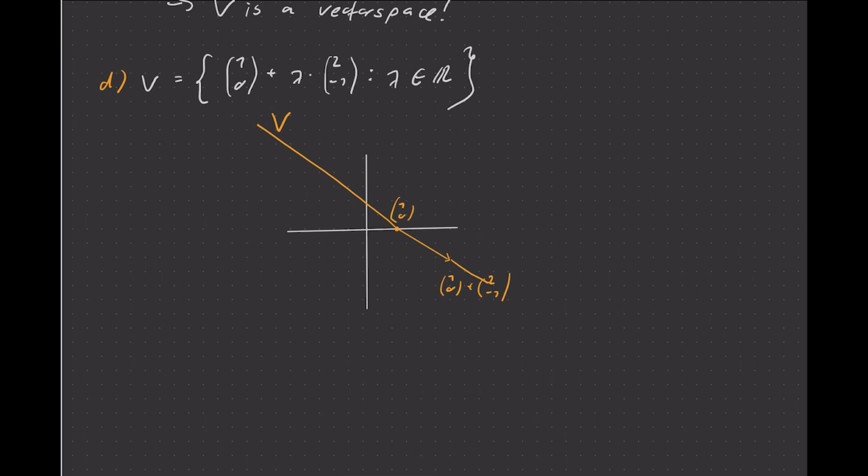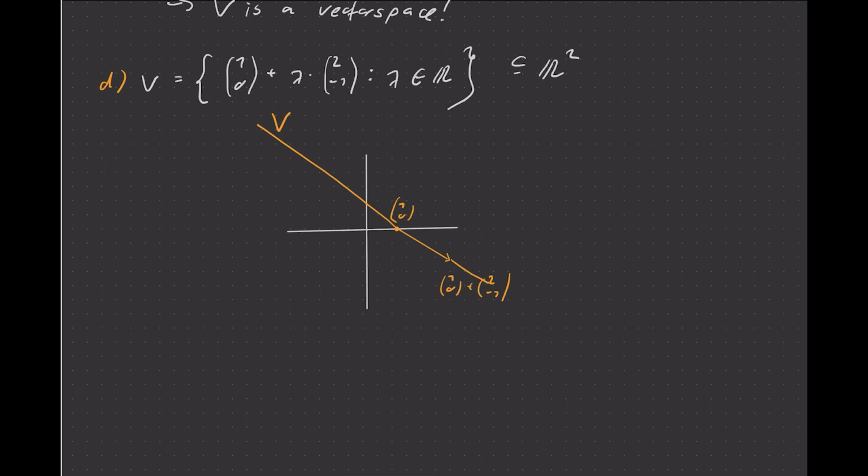Now, if you look at that geometry here, you should immediately see a problem. And that problem is, what about the neutral element of addition? Again, this is a subset of R2, and we just want to use the operations that we know from R2, like we did before. And that means we need to make sure that the neutral element of addition is contained.